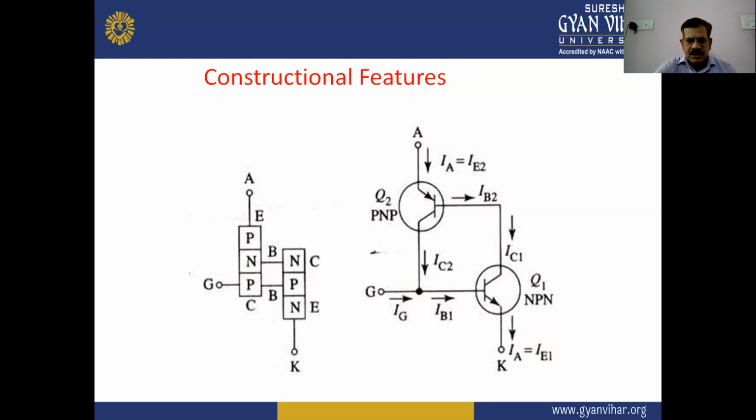The transistor Q1 is connected to the base of transistor Q2 by the emitter terminal, and the transistor Q2 emitter is connected to the base of transistor Q1. So this is the construction feature of the SCR.